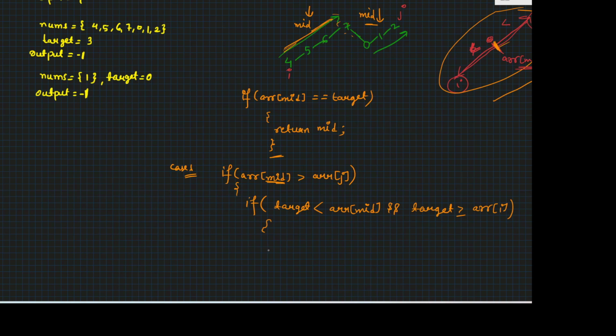If it is, then we are sure that if the target is somewhere here in this region, then it is for sure that the target will be smaller than, let's say, if mid is here.